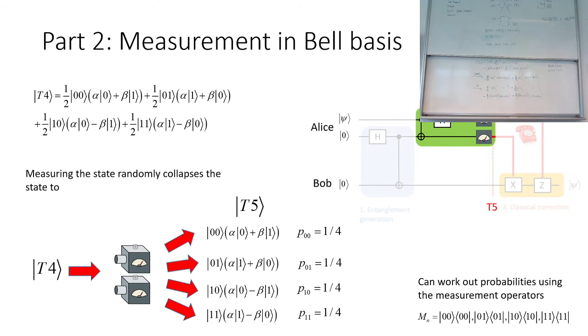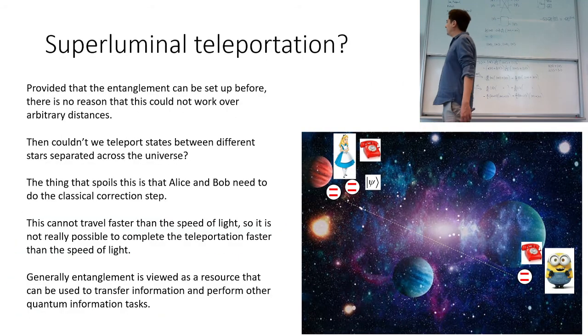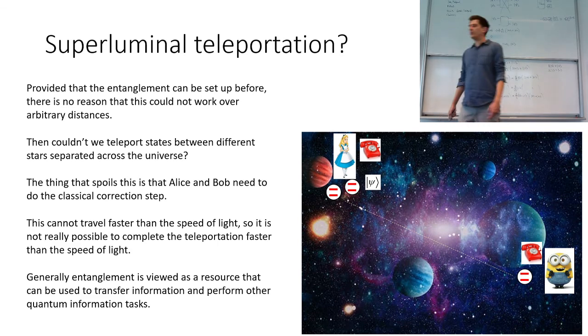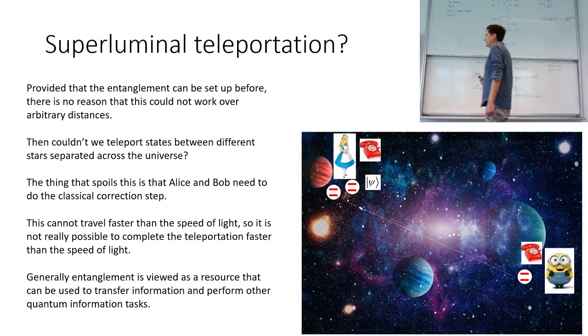So this seems kind of weird, because how can something be transmitted, if they're separated by a long distance, then obviously it could end up being faster than the speed of light. And the thing that gets around this superluminal teleportation is that it's only this classical communication step at the end that prevents you from actually doing this superluminal teleportation.